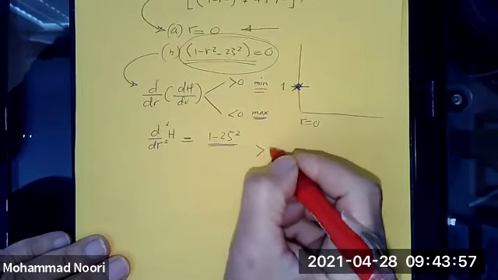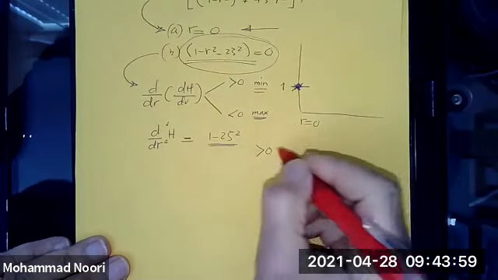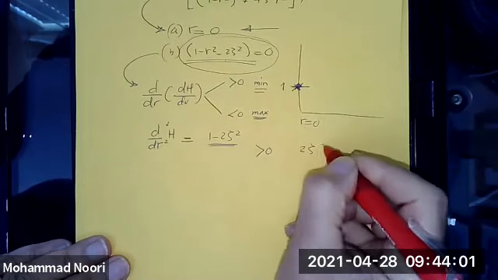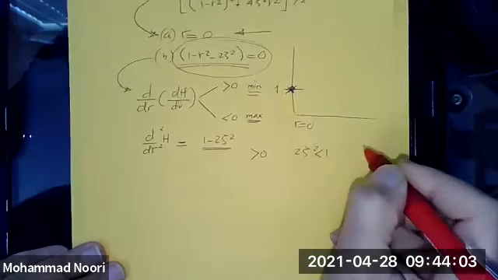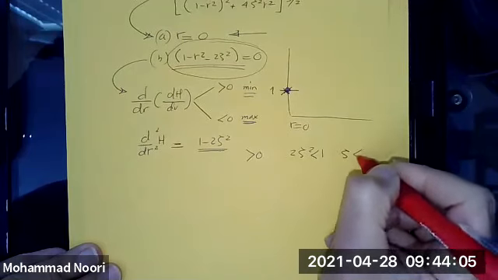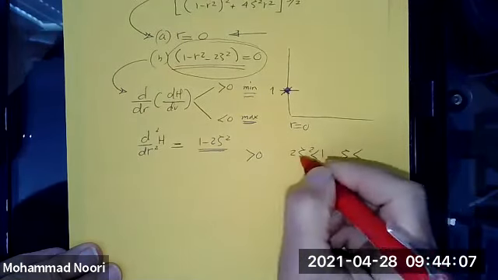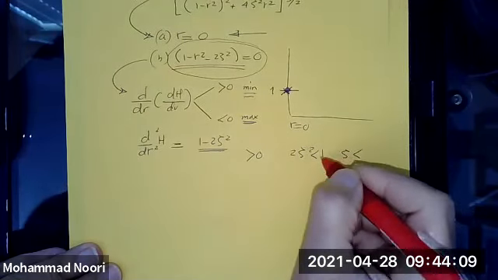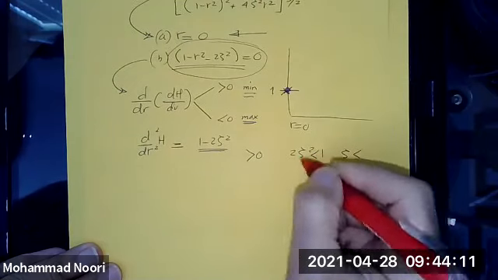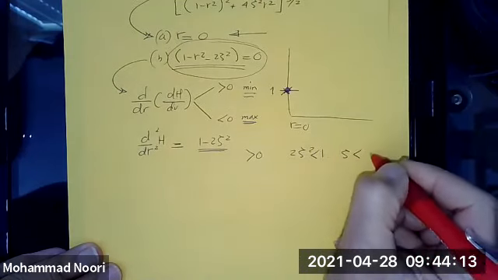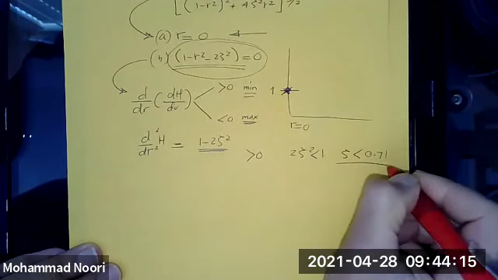It will be positive if 2 zeta squared is less than 1, or zeta squared is less than 1/2. Just take the square root, you see that is this.